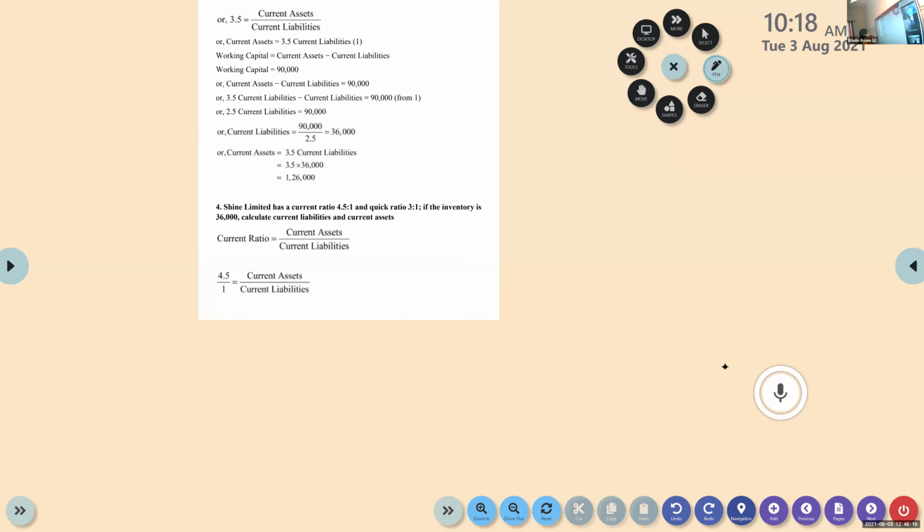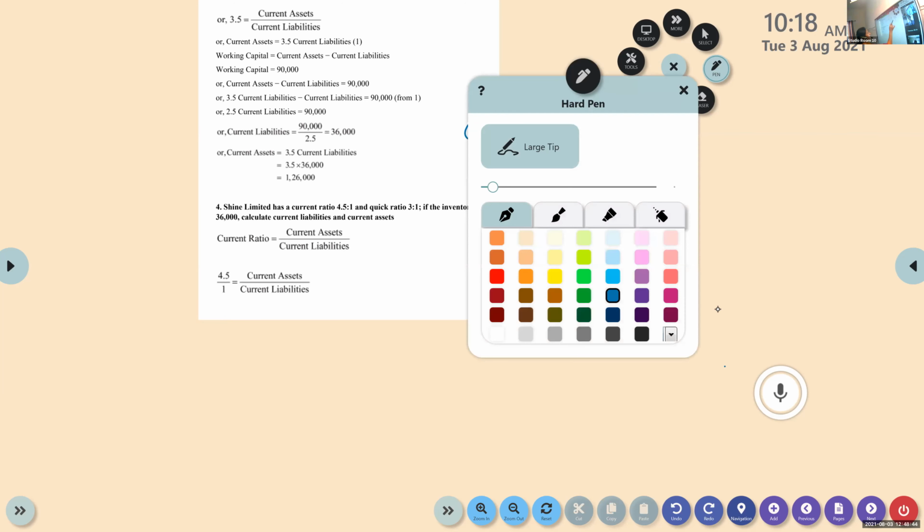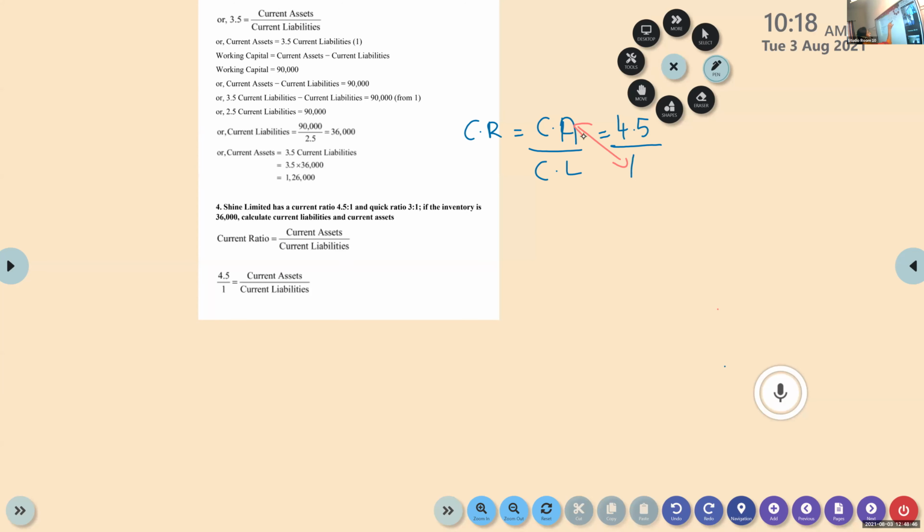So the first thing we'll write, current ratio. Current ratio is equal to current asset by current liability. How much is that? It is given, it is 4.5 is to 1. That means 4.5 divided by 1. Cross multiply and let us make it as an equation. Current asset into 1, current liability into 4.5.